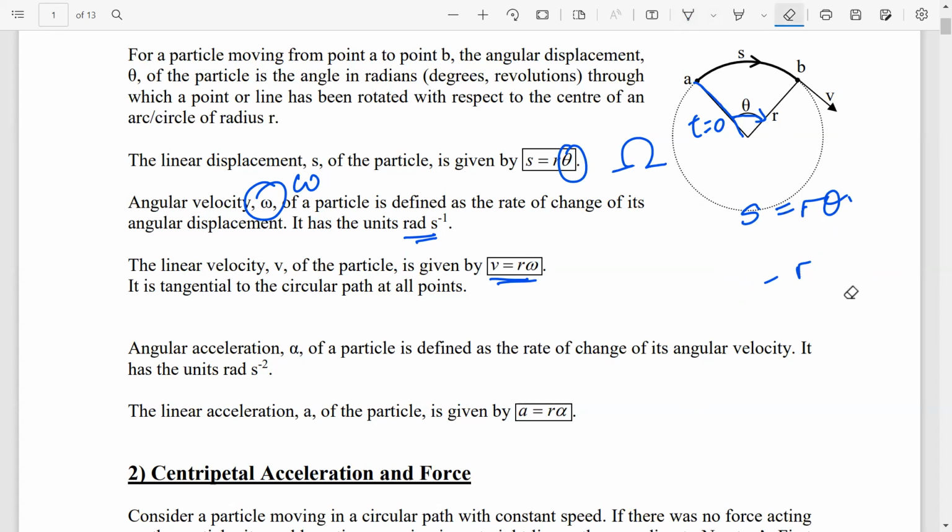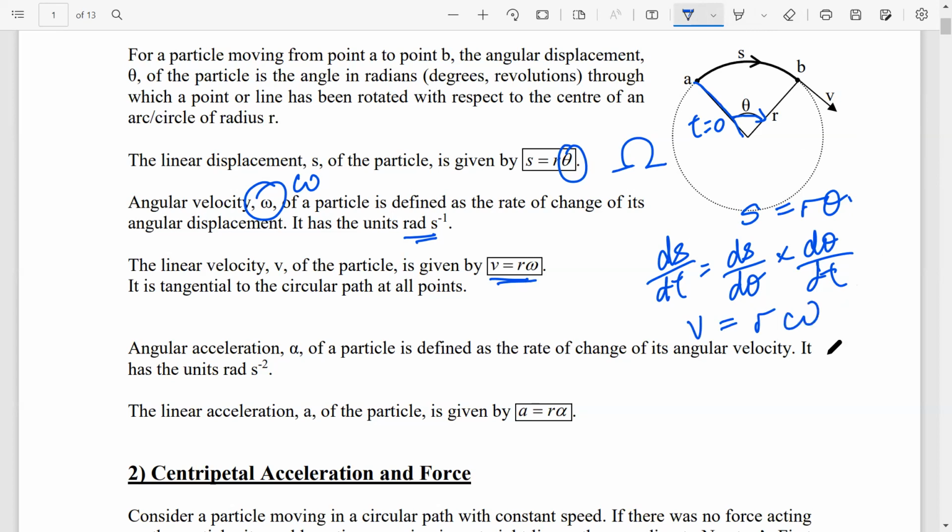Another way: you can see that ds dt equals ds d theta times d theta dt. You all learned already, right? So ds d theta is going to be r because r is constant. So ds dt is actually the velocity, r, and this one is going to be omega. So from S equals to r theta, you can get v equals to r omega. That's one of the methods.